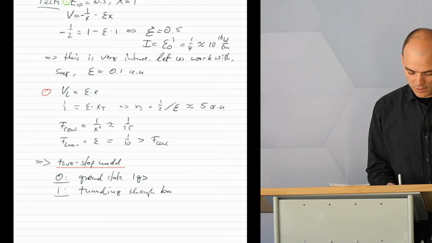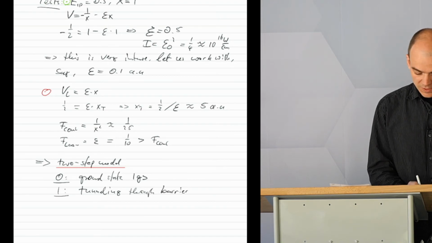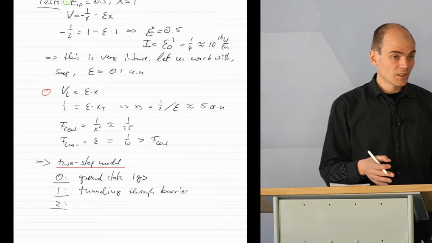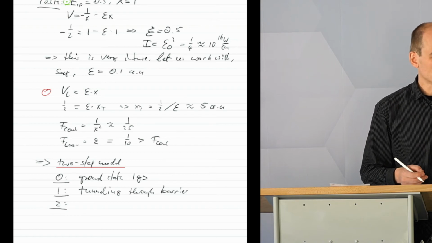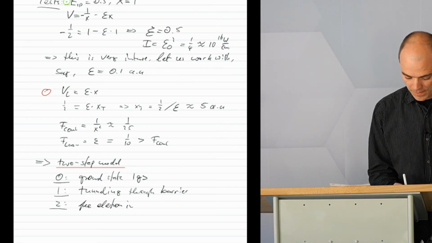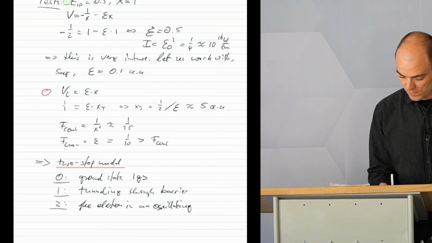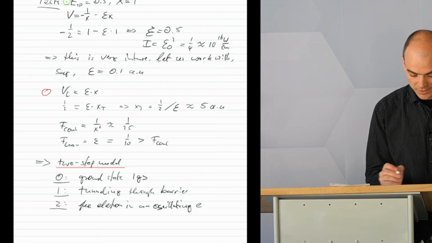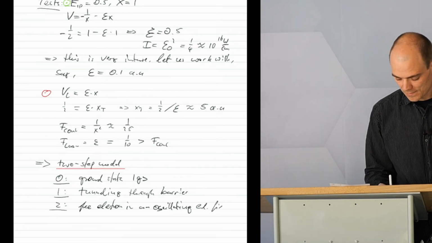Through the barrier. And step 2 would be that the electron is accelerated in the laser field. And this is what we have already calculated in the previous chapter: a free electron in an oscillating electric field.